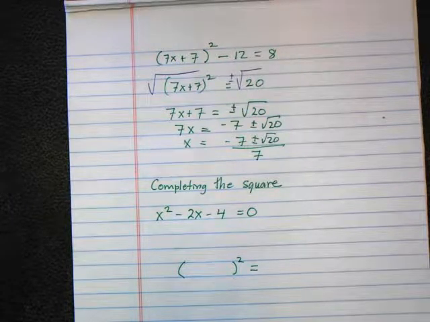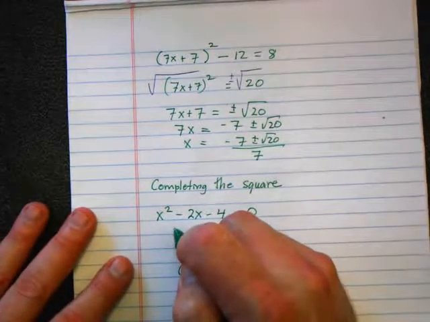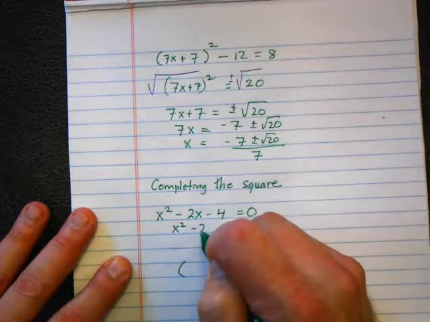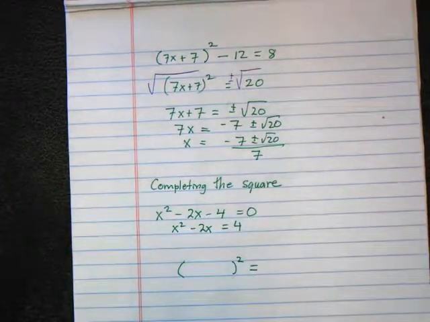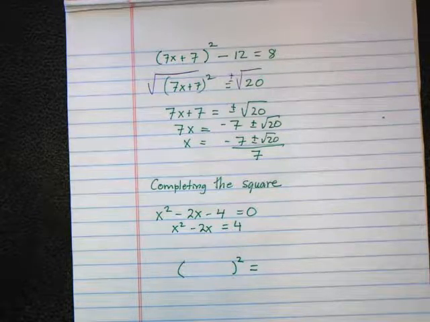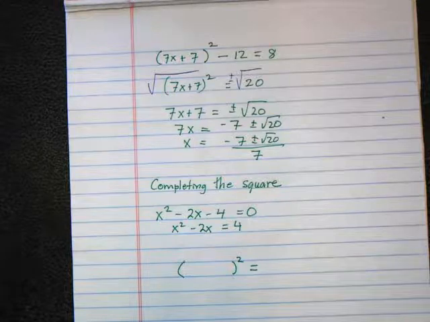All right, so here's how that works. You're going to rewrite this as x squared minus 2x equals 4. Well, I didn't do a whole heck of a lot there. What did I do? I moved 4 over to the other side. That's all I did. Nothing very special.